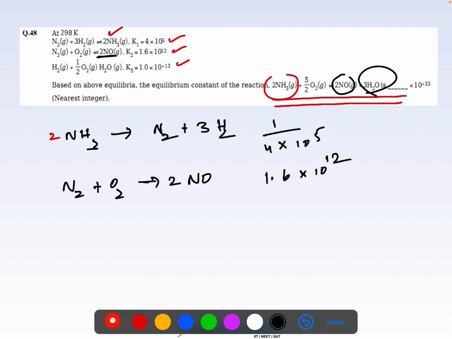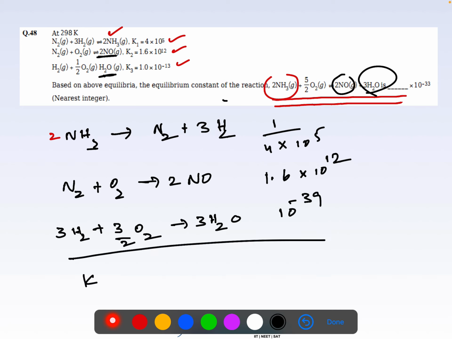There are 3 H2Os here and 1 H2O given, so we should multiply with 3. So 3H2 plus 3 by 2 O2 giving rise to 3H2O. So the K value will be 10 to the power minus 39. So the K value for this final reaction will be equal to 1.6 into 10 to the power 12 into 10 to the power minus 39 divided by 4 into 10 to the power minus 5.